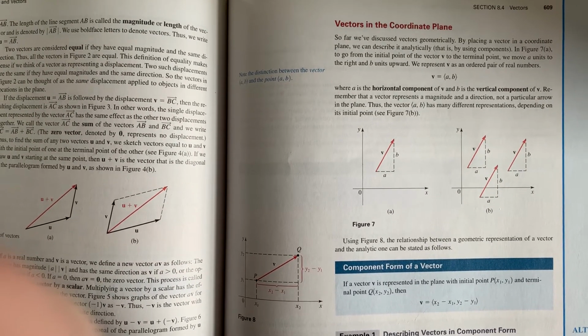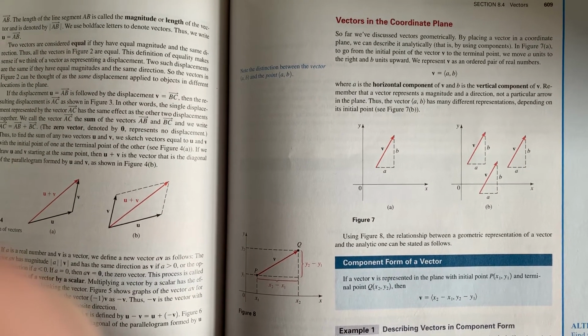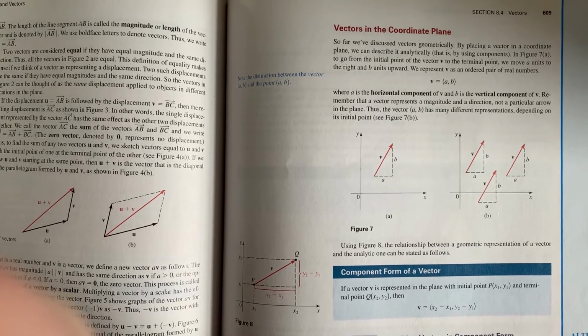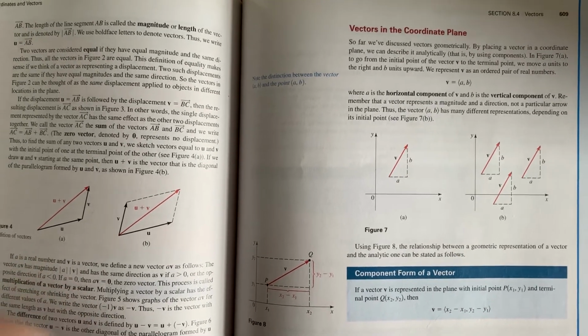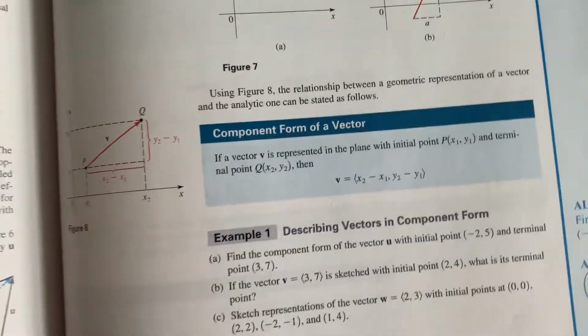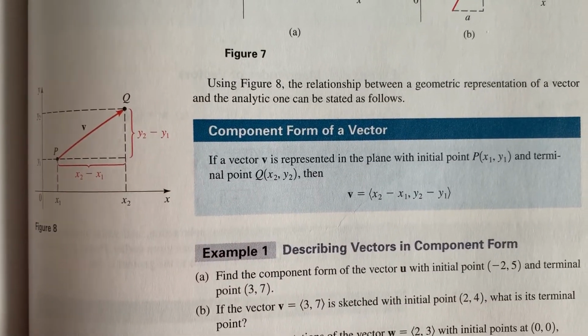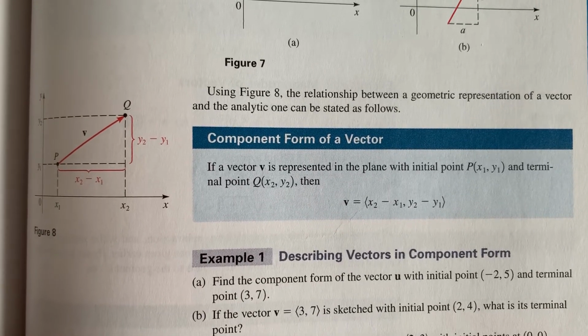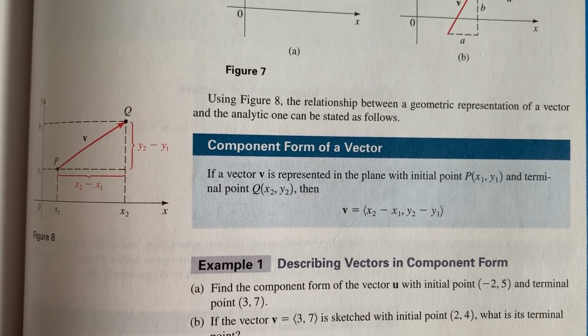Next, we have page 609, component form of a vector. And some of your questions will ask you to put your answer into component form of that vector. So let's add this blue box into our notes for today.